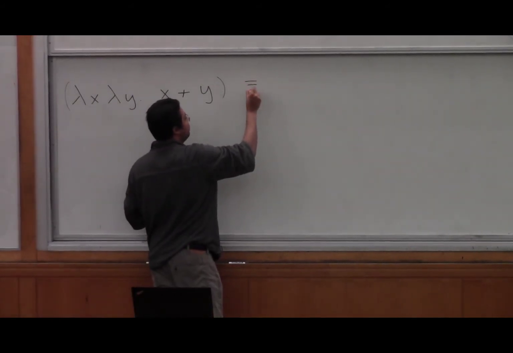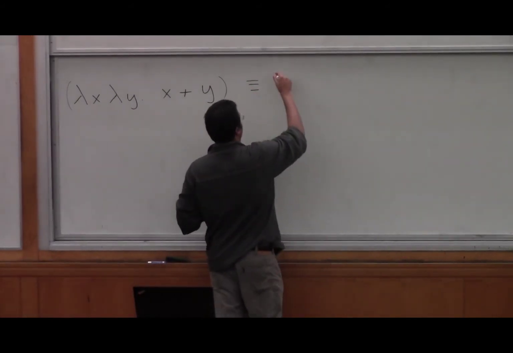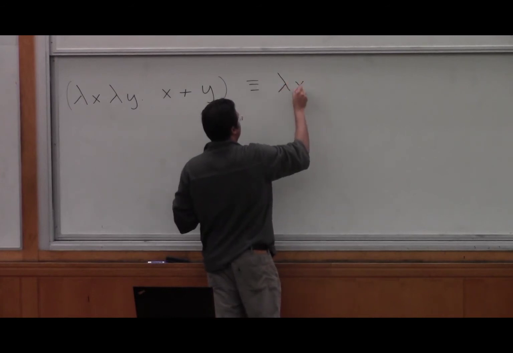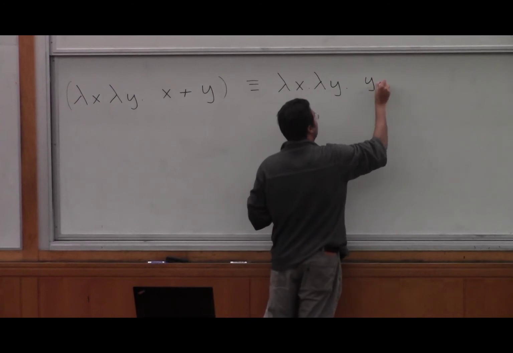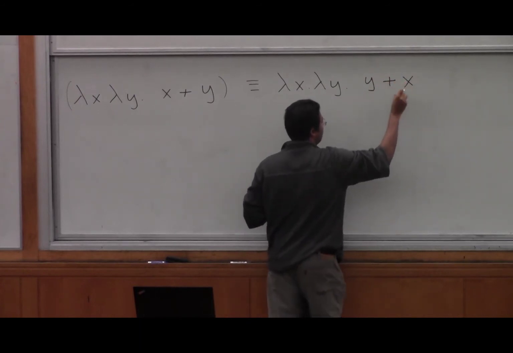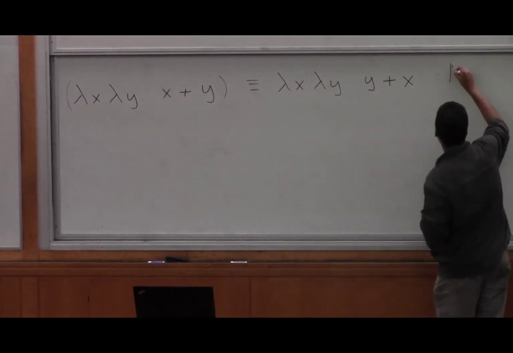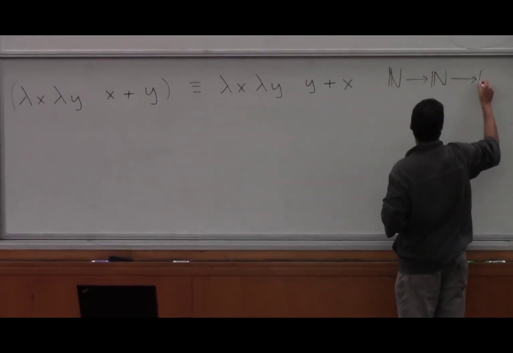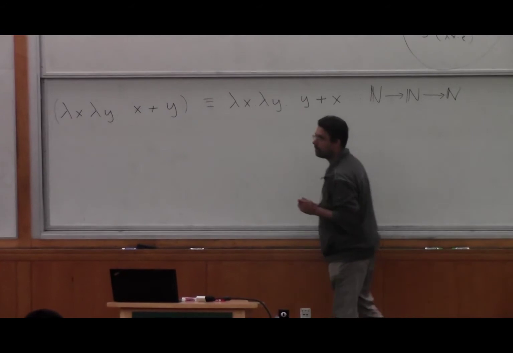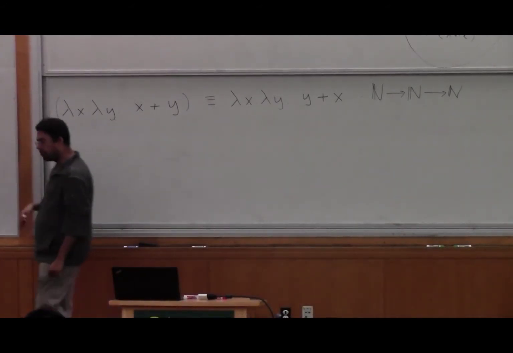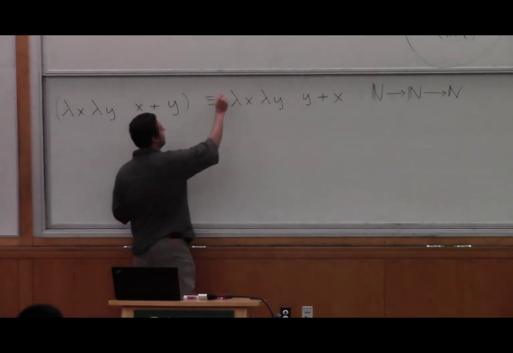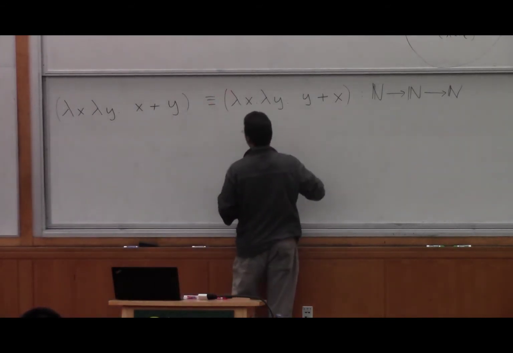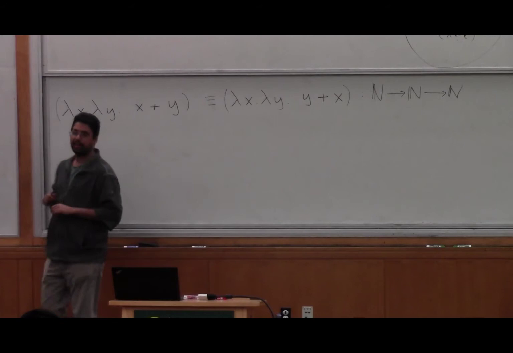is equal to lambda x, lambda y, y plus x at the type. This is not a terribly complicated equation.